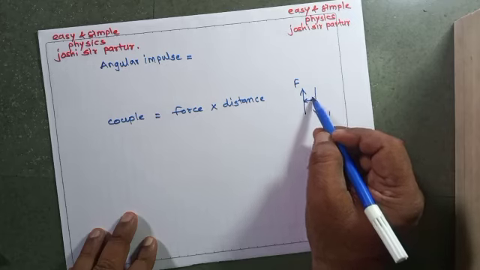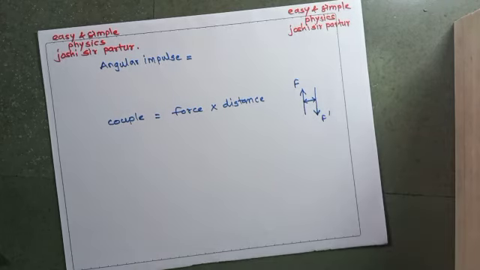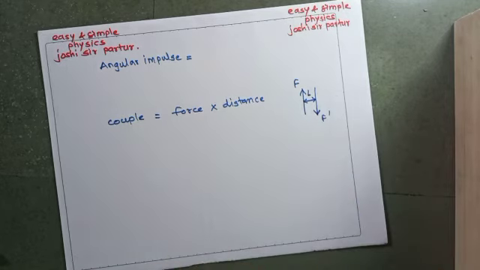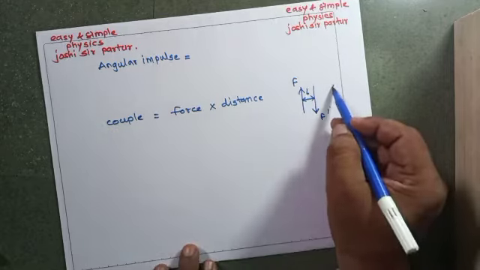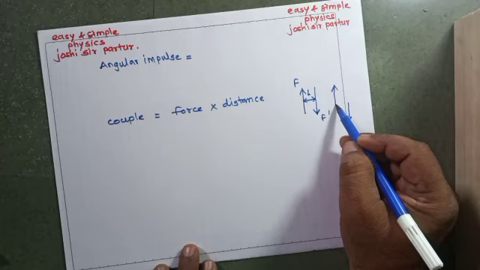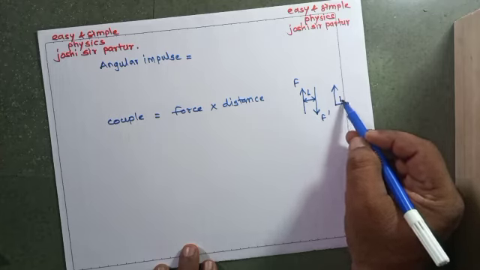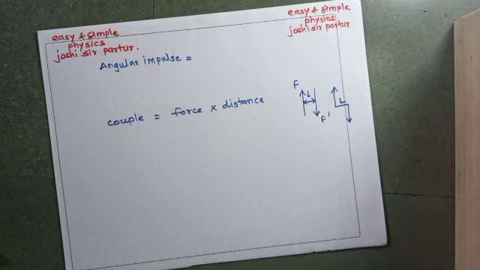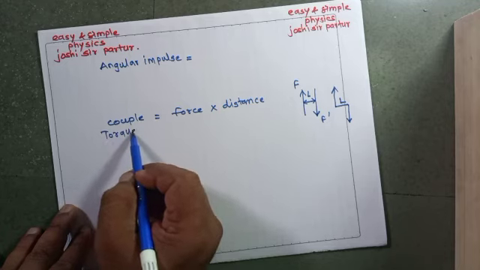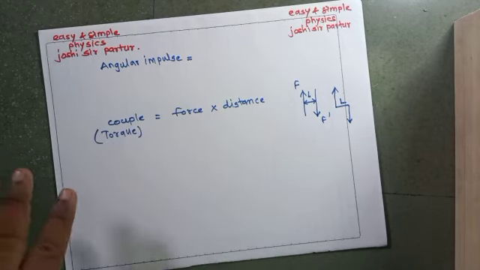The perpendicular distance between the two forces is L. So the product of the magnitude of force and the perpendicular distance between the two forces is called couple, or sometimes it is also termed as torque.